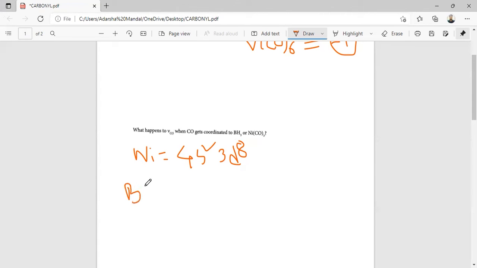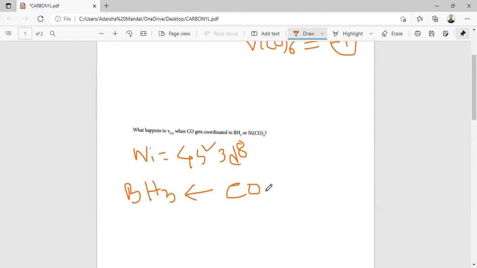compared to the free CO in the case of Ni(CO)3. While BH3 is a Lewis acid, it needs electrons. So when CO coordinates to the BH3, the CO will donate electron density to the boron atom, but the boron atom has no electrons to donate to the CO. So in this case the back donation does not happen.